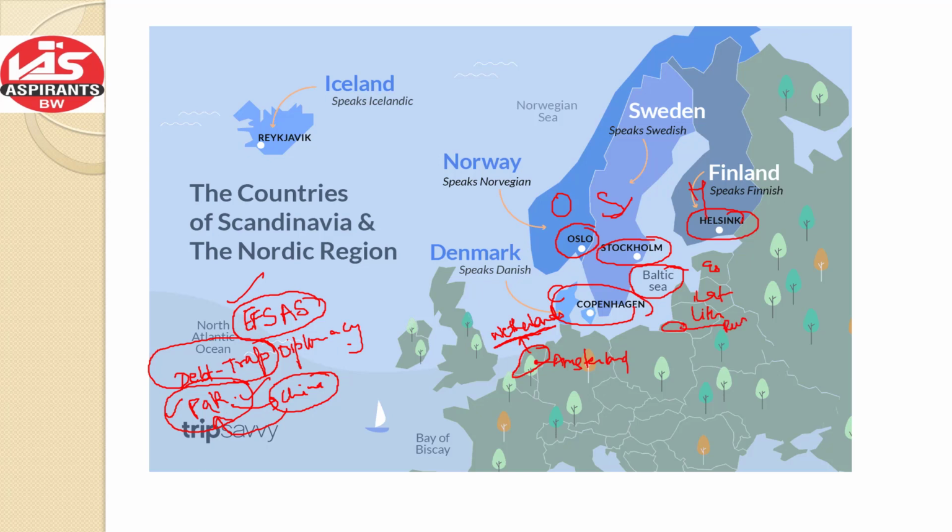So remember, Russia also touches the Baltic Sea. So we have Estonia, Latvia, Lithuania, Russia. Then we have Poland, and then Germany. And here we have Denmark. So remember, it's Sweden, Finland, Estonia, Latvia, Lithuania, Russia, Poland, Germany, and Denmark.